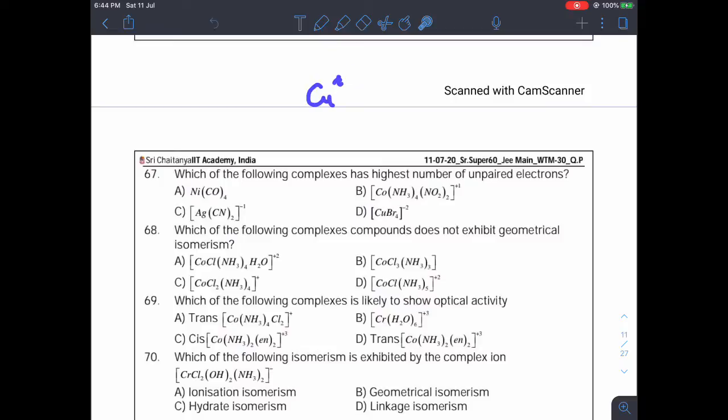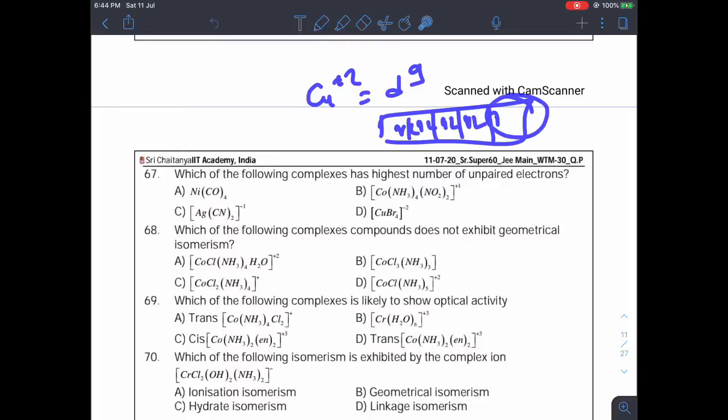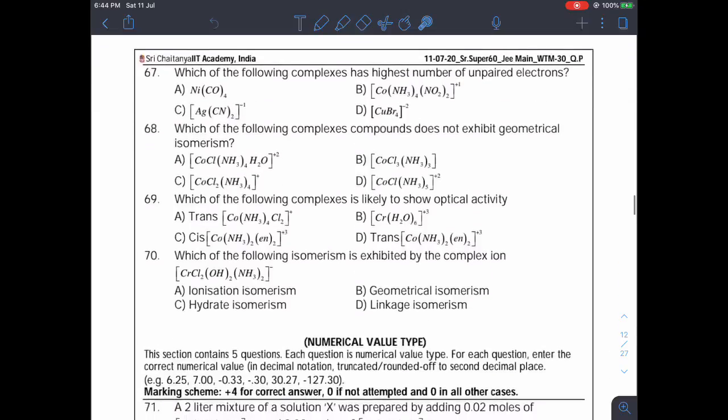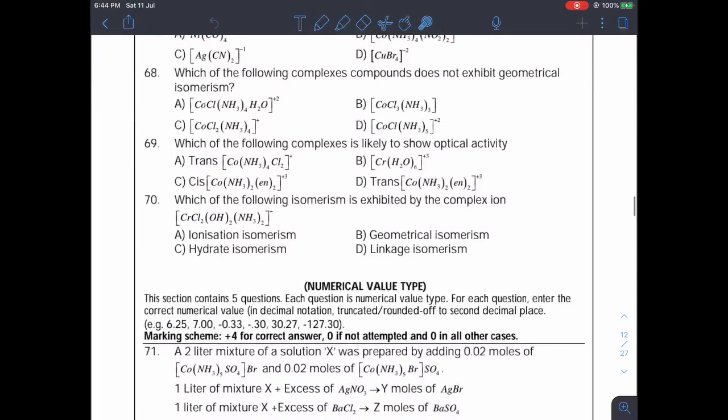Copper in plus 2 state is nothing but d9, so we will have one unpaired electron here, 6, 7, 8, 9. Now moving to the next question, 68. It says, which of the following complex compounds does not exhibit geometrical isomerism?